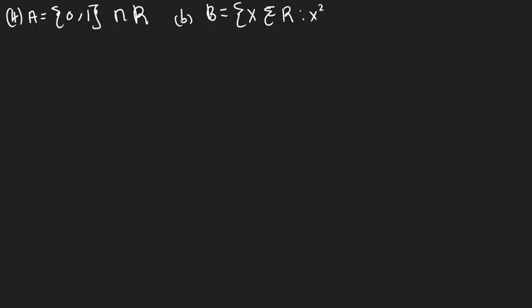So the first one, you are given A is equal to the set of 0, 1 intersection R. B is equal to the set of X such that X is a member of R and X power 2 must be less than 4. And C is equal to 0, 1.